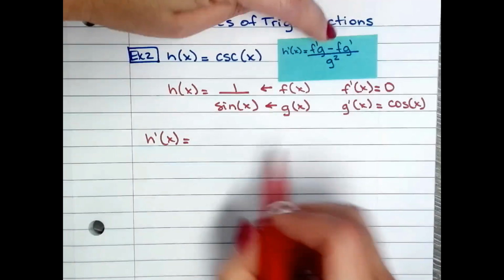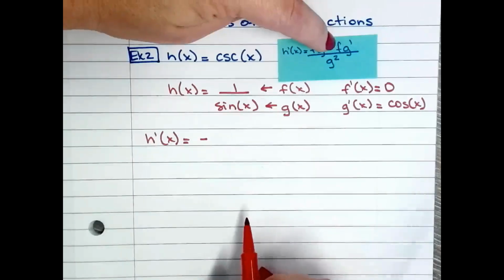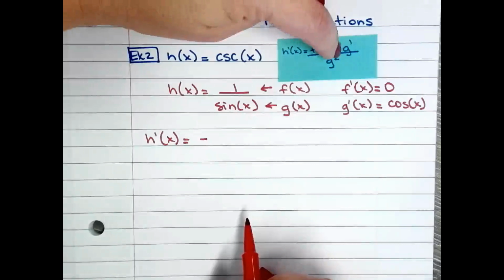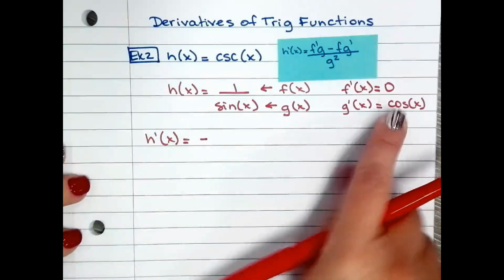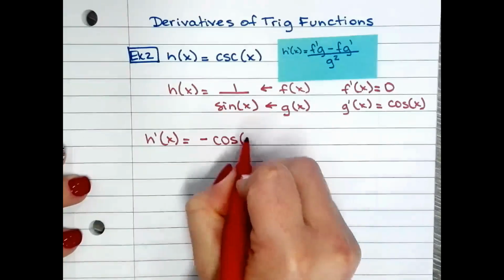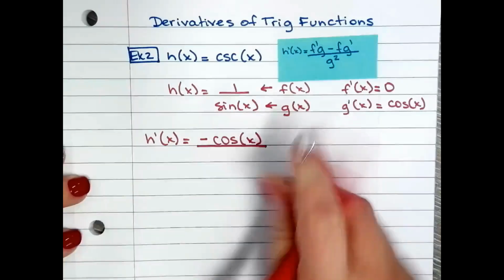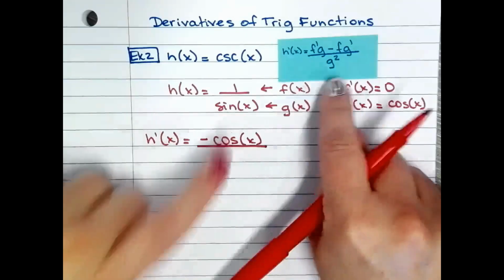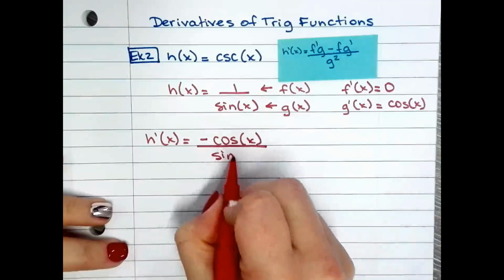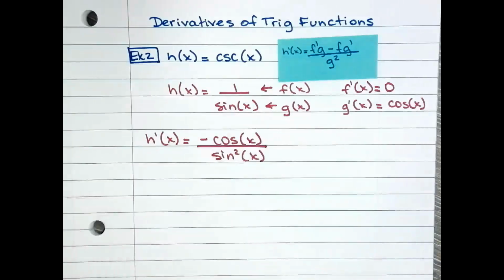I'm going to go straight to the second part: negative f, which is 1, times g prime, which is cosine. So cosine of x over sine squared of x, because that's my g function squared.